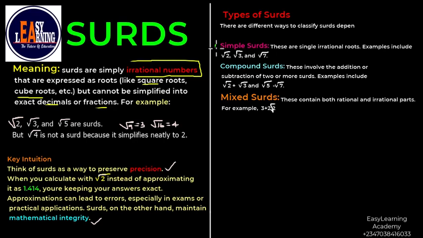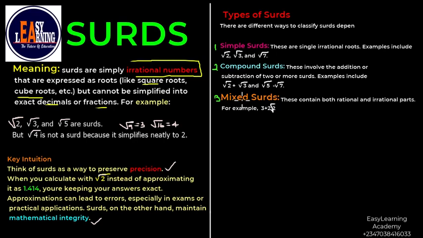The first one is simple surds, the second is compound surds, and the third is mixed surds. Simple surds are single irrational roots, whereas compound surds involve addition or subtraction, and can even involve multiplication or division, of two or more surds.